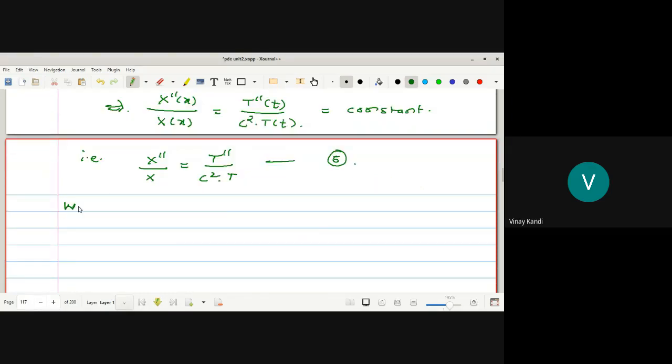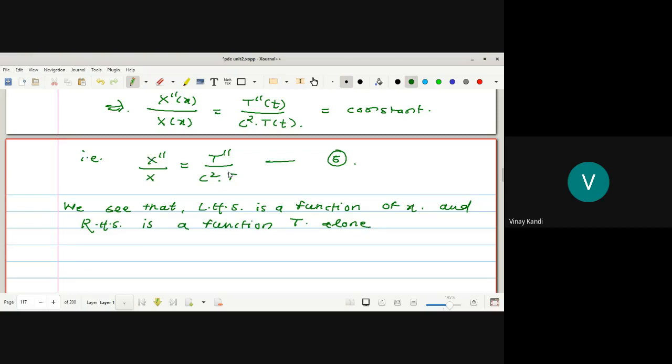Okay, now we see that the left hand side is a function of x, and the right hand side is a function of t alone. Only a function of t and a function of x are there, nobody else. Therefore equation 5 shows that each side must be constant.